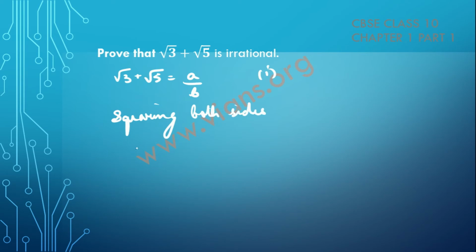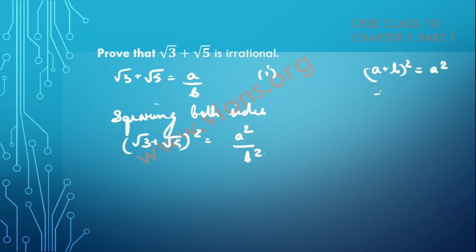what would we get? We would get root 3 plus root 5 whole square is equal to a square by b square. Root 3 plus root 5 of the whole square is of the form a plus b whole square, which is a square plus 2ab plus b square.